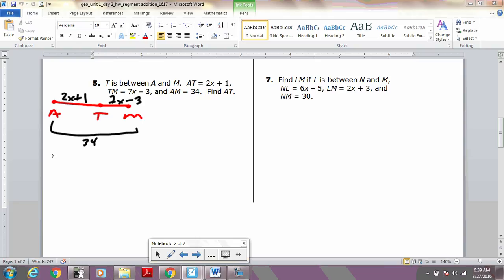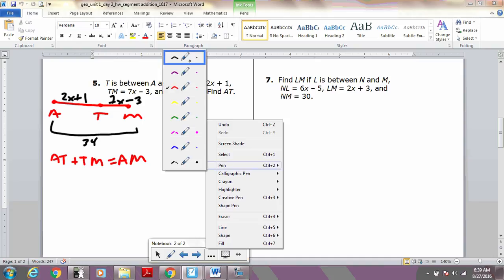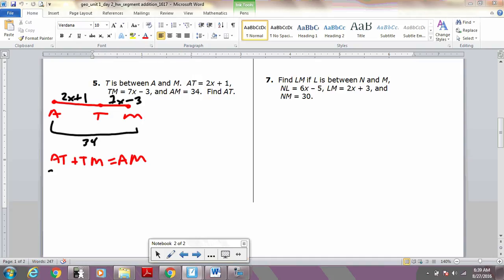The equation would be AT plus TM equals AM, which means 2x plus 1 plus 7x minus 3 is equal to 34.